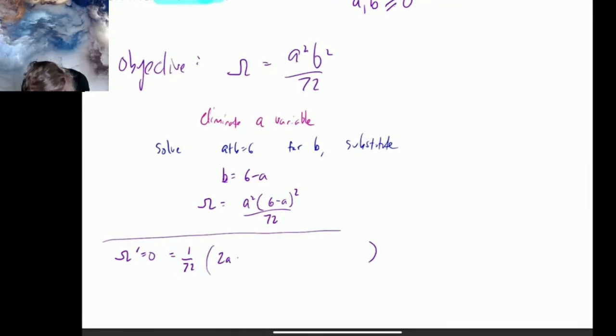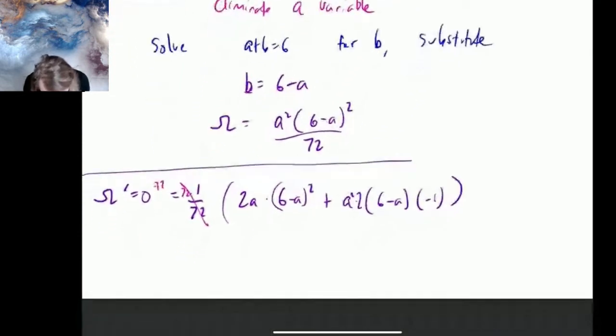I'll have 2a times (6 minus a) squared plus a squared times 2 times (6 minus a) times negative 1. That negative 1 came from the derivative of the inside when I used the chain rule. Now I'm going to multiply by 72 on both sides to clear out that leading factor.